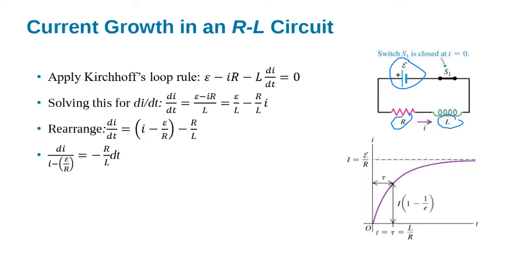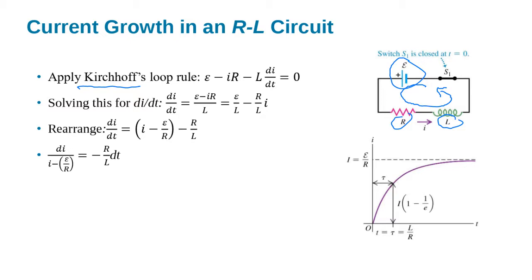So we know we've got a loop here in this circuit, and from Kirchhoff's law, if we go around this loop, then all the EMFs, all the voltages in that loop must equal 0.